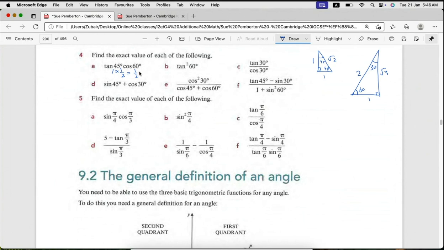Tan 60 squared, 3, correct. C is 2 out of 3. 2 over 3. Correct.